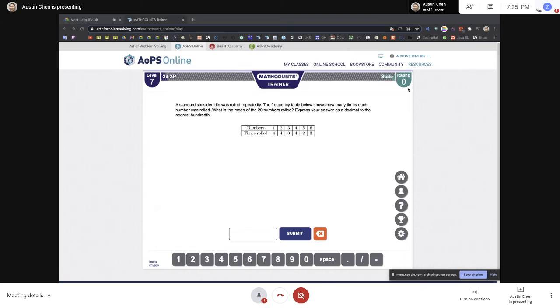You can see on this account I've gone to state, so now we can do some state problems. This is good for going through Math Counts problems quickly, and it also gives you the solutions to the problems at the end. So that's also pretty nice.